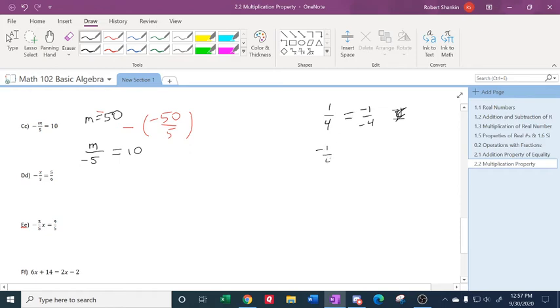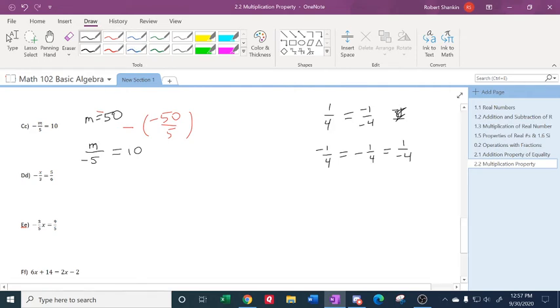If I have one negative, these are equal to each other. Doesn't matter whether the top one's negative, the bottom one's negative, or the number up in front is negative. Alright? So if I have negative m over 5, you don't distribute it to the top and bottom. You put it with one or the other.